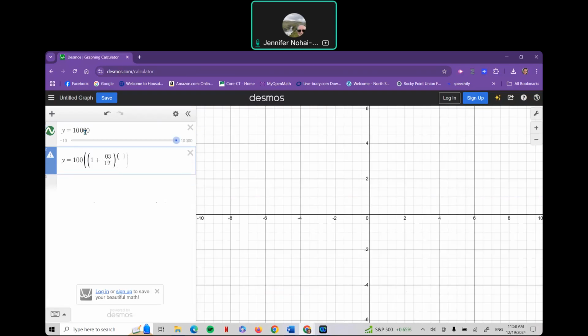I'm going to add that other set of parentheses up there. Now I'm going to use n in this case, and times 12. I could also use x there, but since the problem uses n, I always stick with either n or x on these problems. That's really all I want Desmos to handle.